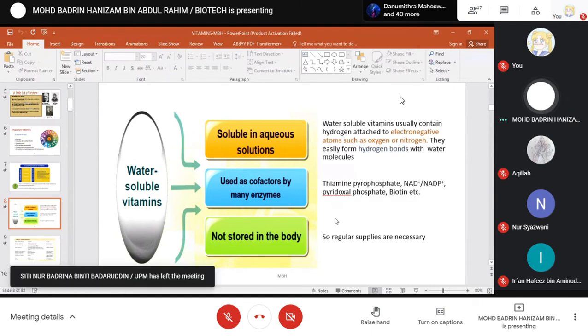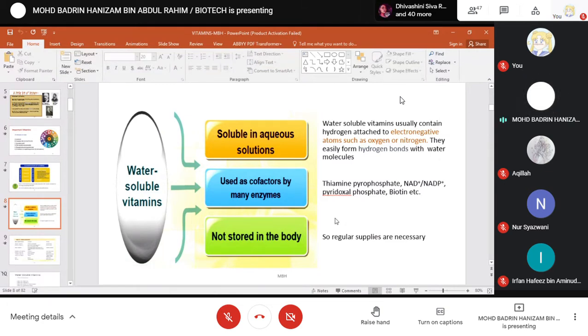So it's good to take vitamin C supplements. If you look at the back of the pack of vitamin C supplements from pharmacies, for adults it says 500 milligram, or maximum you can take 1,000 milligram.